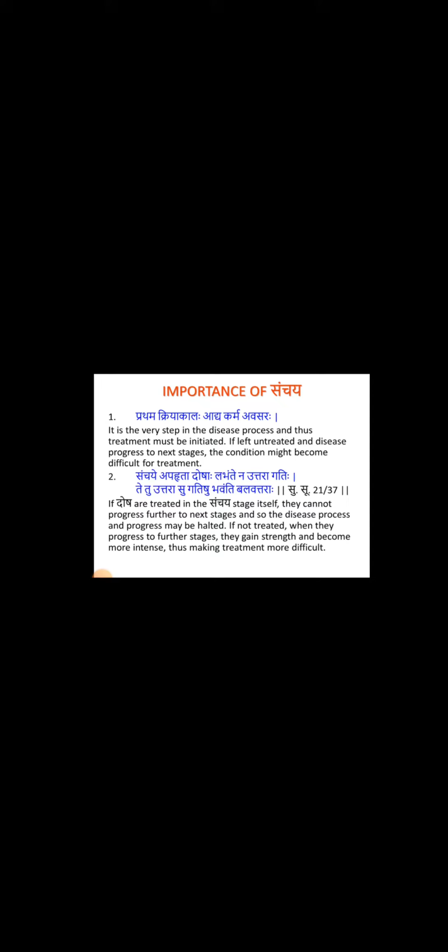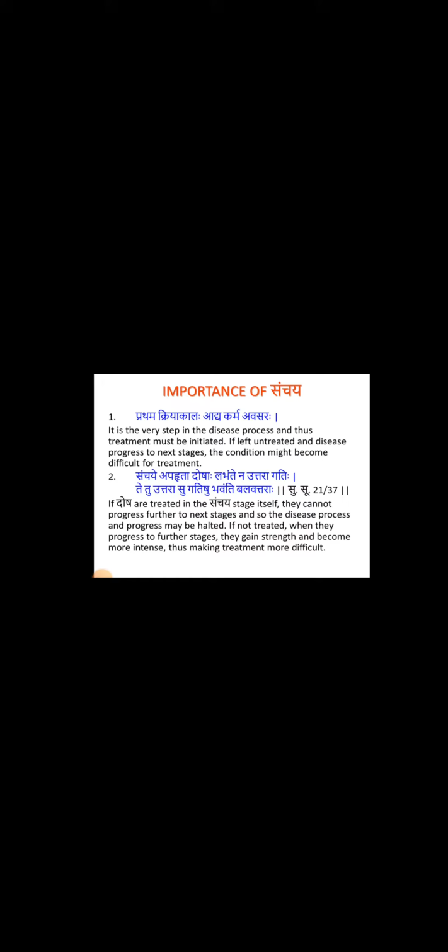So what he is telling is sanchaya apahrita dosha: once we treat the vitiated doshas in this particular stage, it will not have its uttaragati, it will not go on to the further disease process, and the progress may be halted here itself. If not treated, when they progress to further stages, they again gain more strength and become more intense, thus making the treatment more difficult.